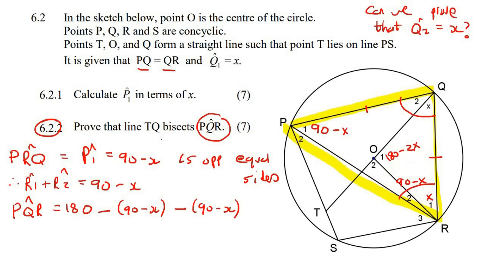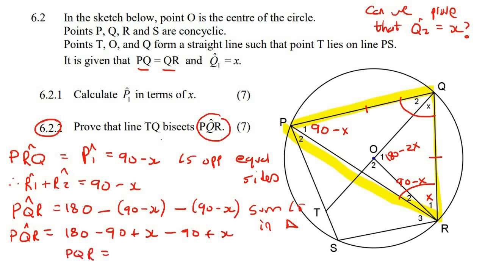And the reason is the sum of the angles in a triangle. And so angle PQR is going to be 180 minus (90 plus x) minus (90 plus x). The 180 cancels out the 90 and the 90, and so we just end up with 2x. Okay, so this whole angle is 2x.